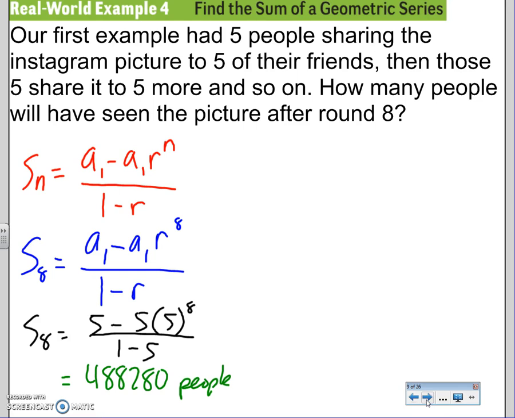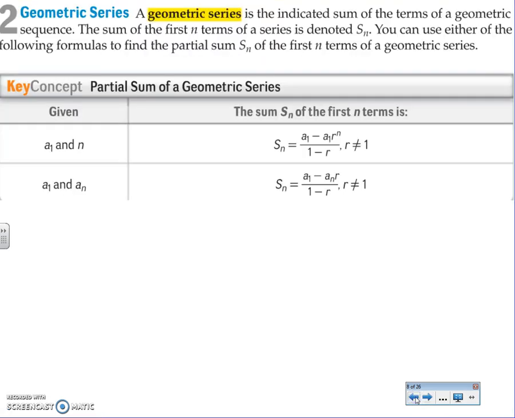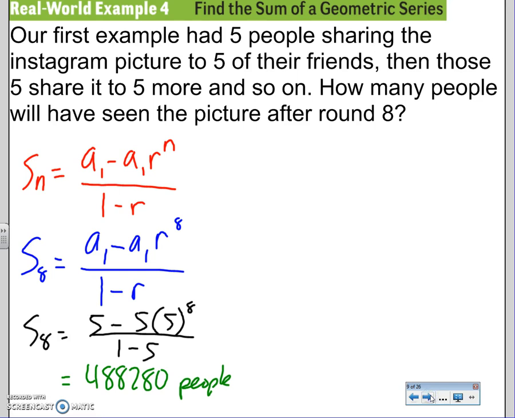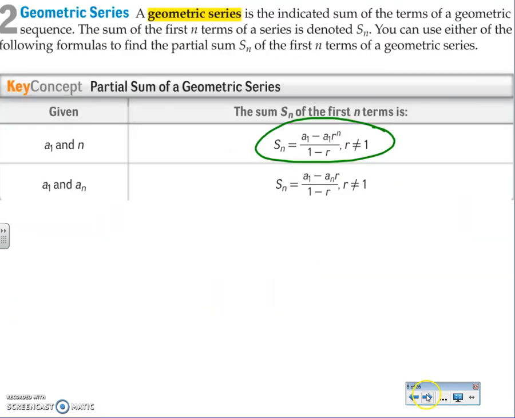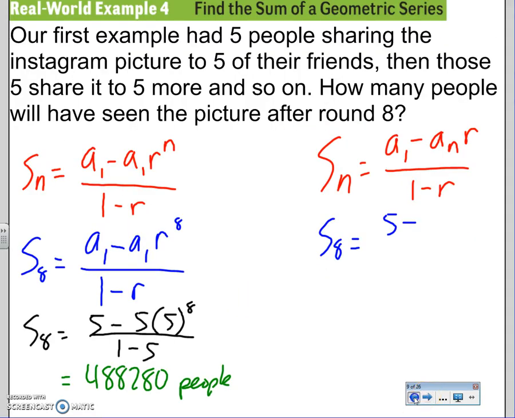Alright, notice I just did the top formula. Let's try this other formula. S of n equals a1 minus a n times r over 1 minus r. So S of 8 equals, the first number is 5. I was plugging right away. A sub n, remember, or a sub 8. Let's go back here.